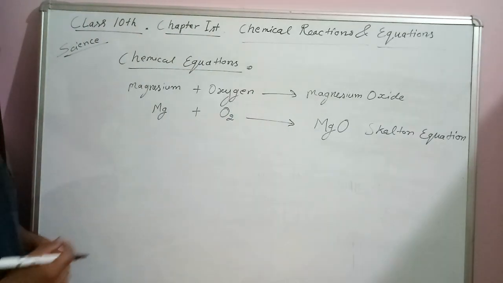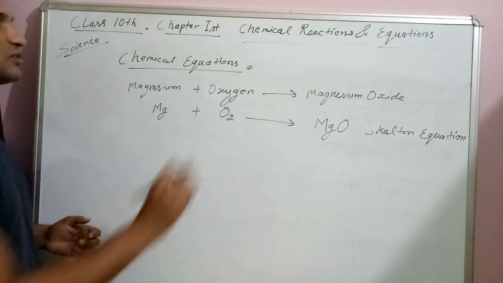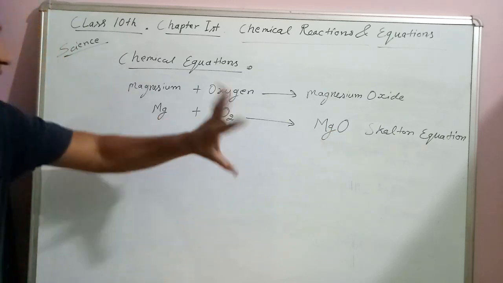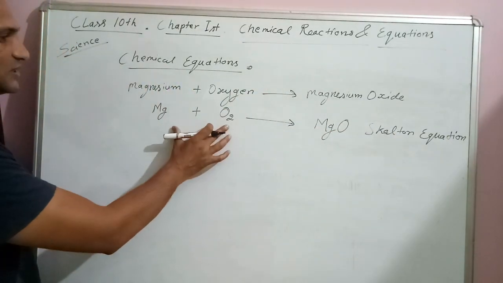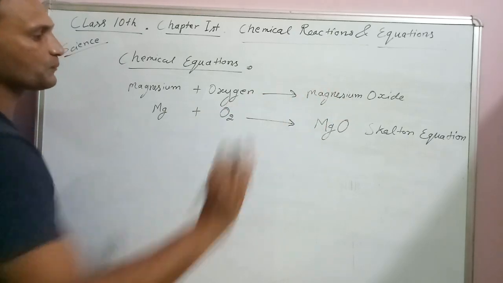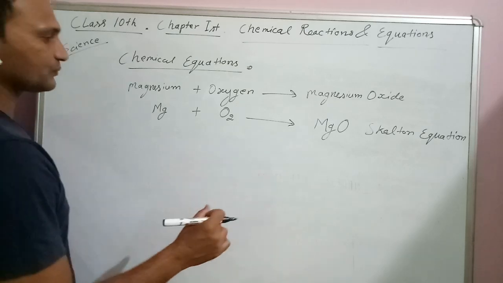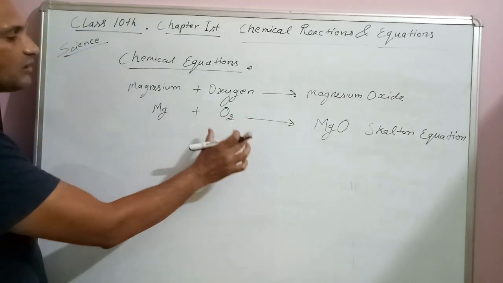When we write the word form of the chemical reaction in the form of symbols or formulas, that is known as a skeleton equation. So this is the skeleton equation in the form of the formulas or symbols of the substances, reactants and products. We can check whether this is balanced or unbalanced.